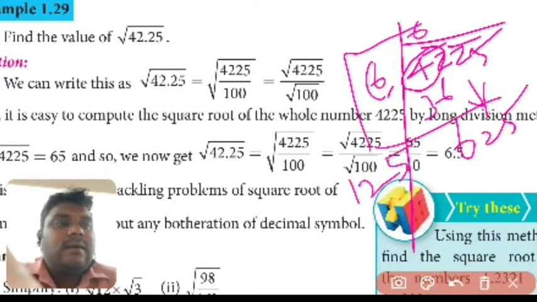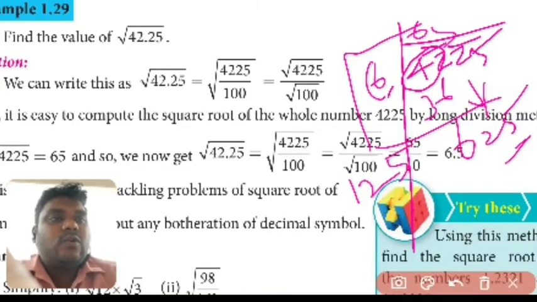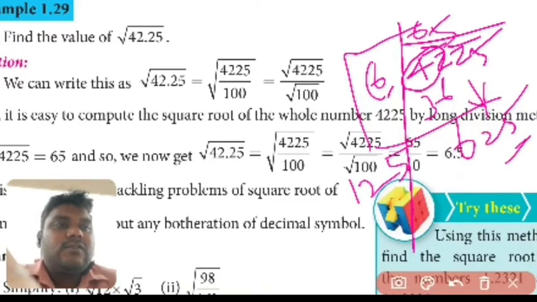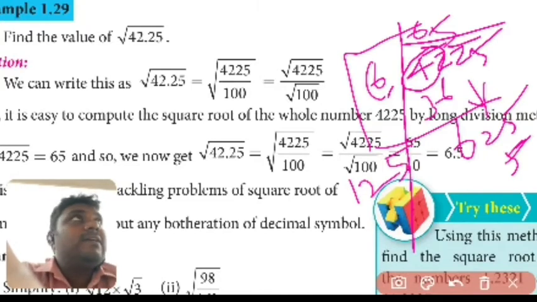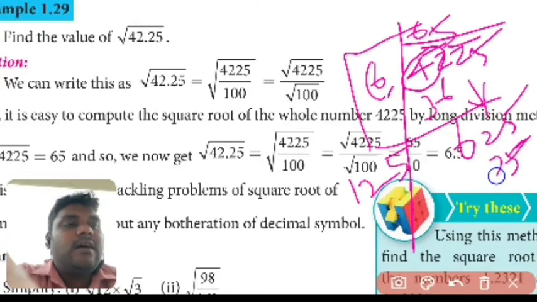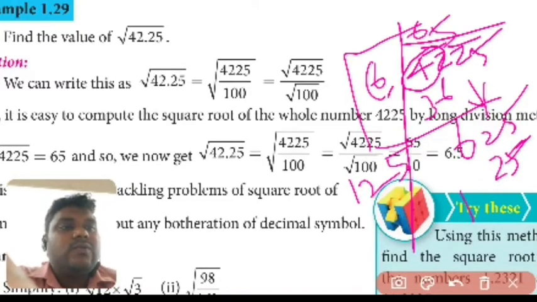The last one digit number is 5, there is no other option. 5 5s are 25, balance 2. 5 2s are 10, 10 plus 2 is 12, balance 1, 5 1s are 5, 5 plus 1 is 6. So the remainder is 0.